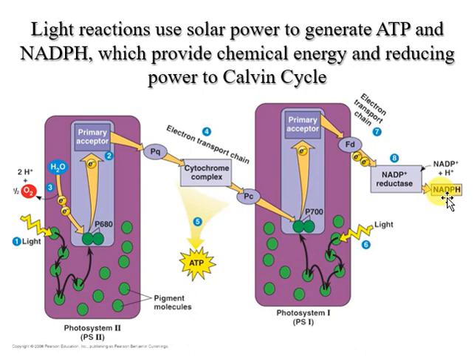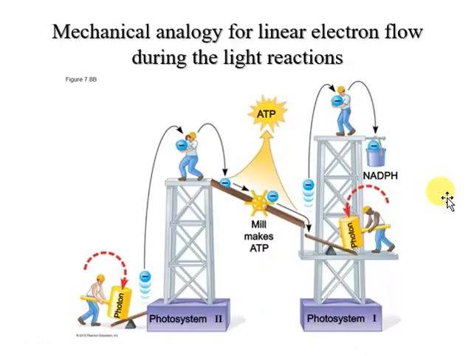Now, where's this going to go? Well, this molecule will be used for the Calvin cycle, so that's where we're going to go next. But before we do, you can think of the linear flow of electrons during the light reaction between your photosystems using a mechanical analogy. A photon of light comes in, and that triggers the movement of electrons from a low energy state to a high energy state in photosystem 2.